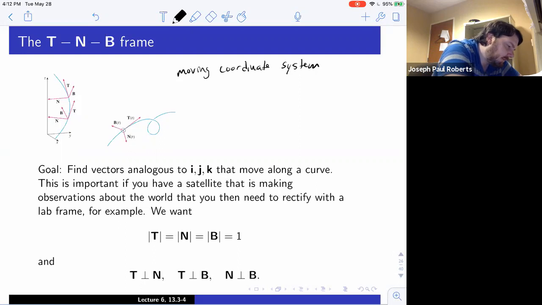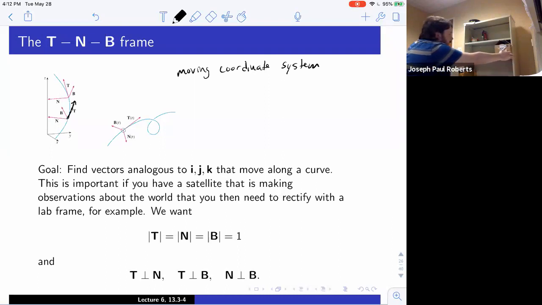So let's say you have a satellite and the direction that it's going, let's say that's one of the axes. So I'm a satellite, I'm going around whichever direction I'm going, the direction right in front of me, I'm going to call the t-axis, or the t direction.